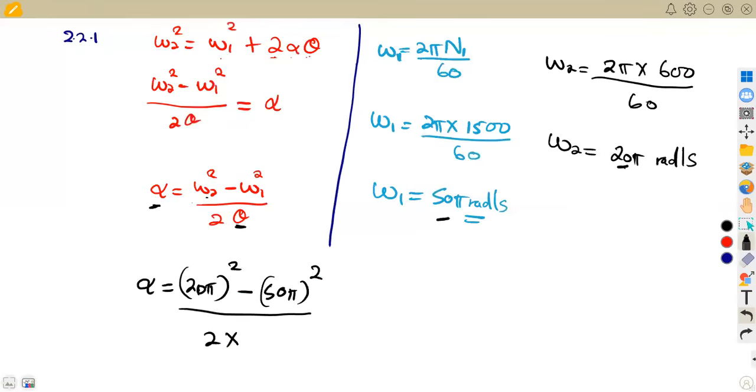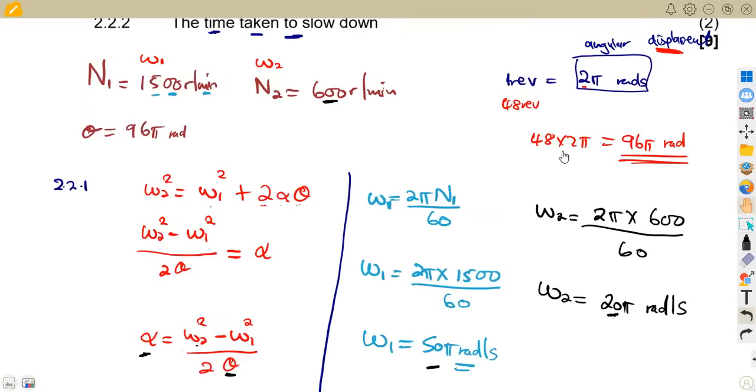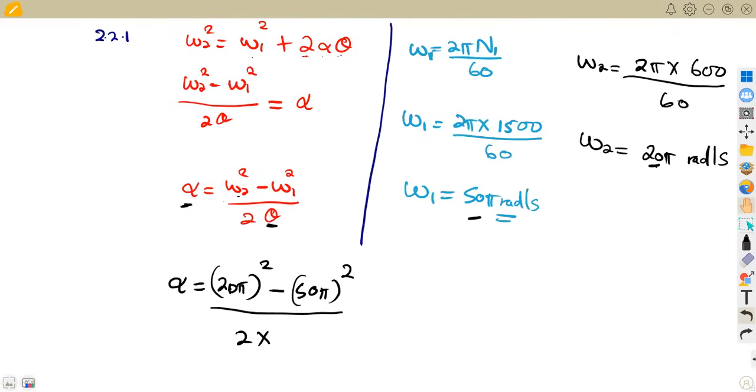Remember, our theta, our angular displacement, is the one that I calculated. I said it was hidden in the 48 revolutions. You get your theta in radians, and your theta in radians is going to be 96 pi. So here we are going to multiply by 96 pi.